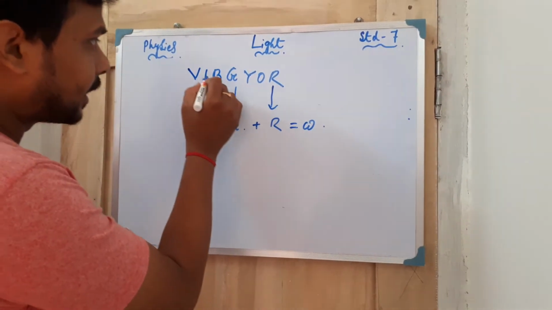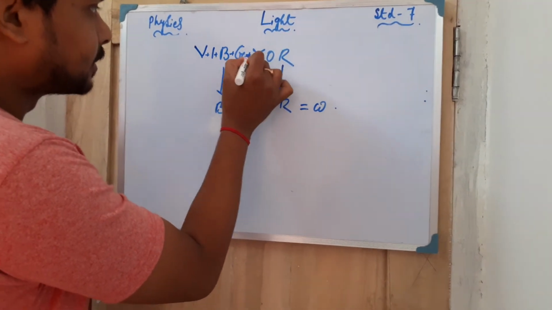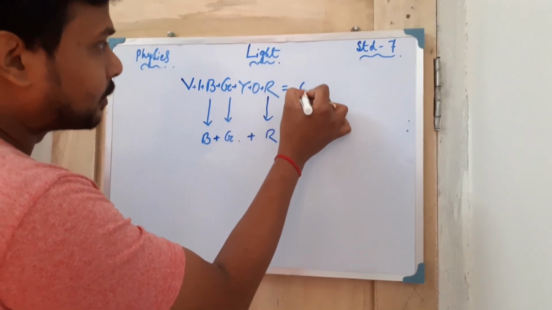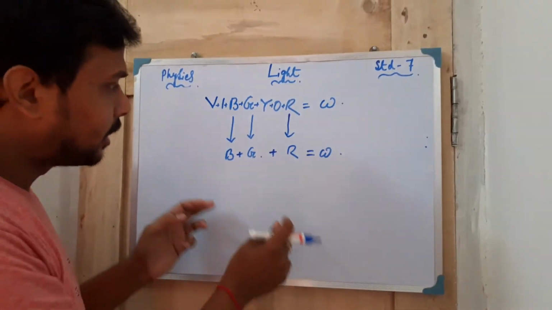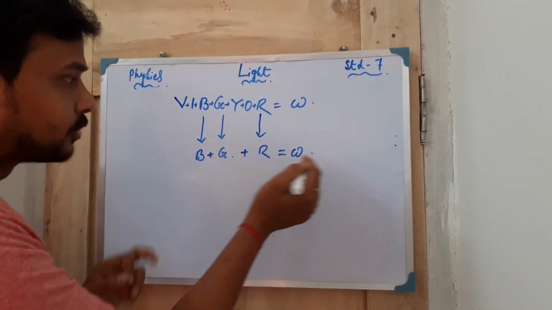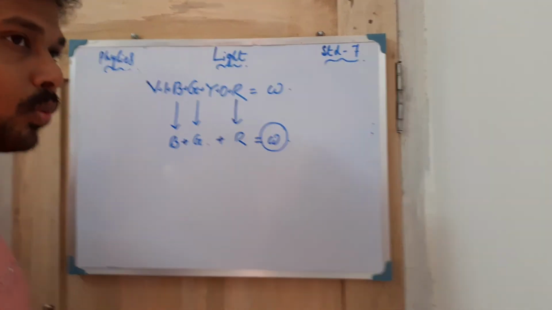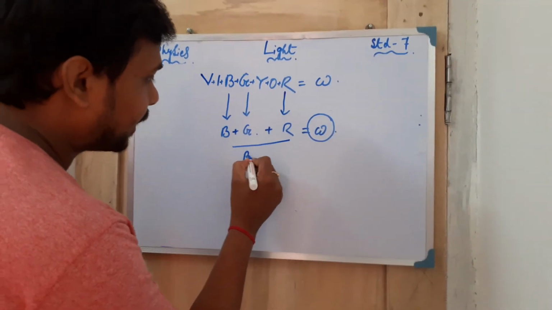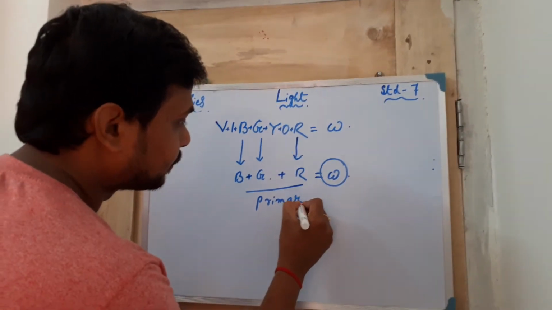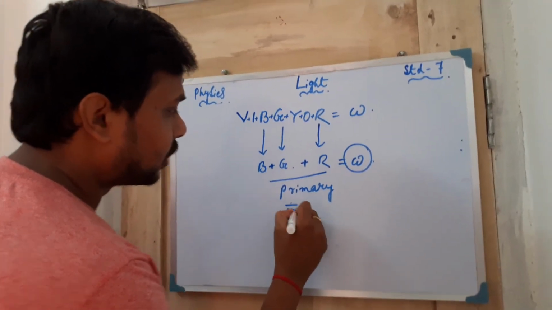You know that if you add all the colors together, then you are supposed to get white color, but simply no need to do that. If you add only these three colors, you are able to get white color here. So that's why this is called the primary color.